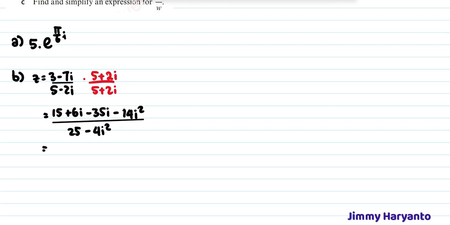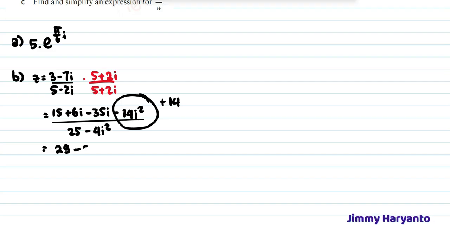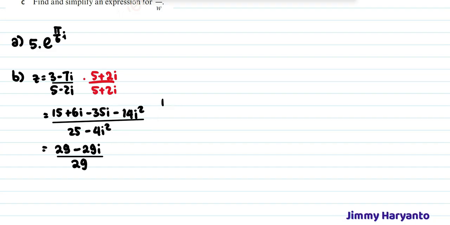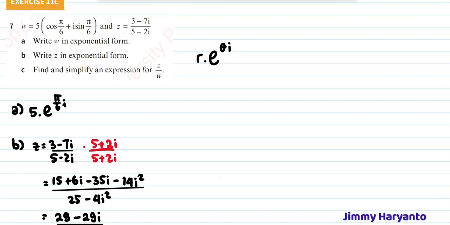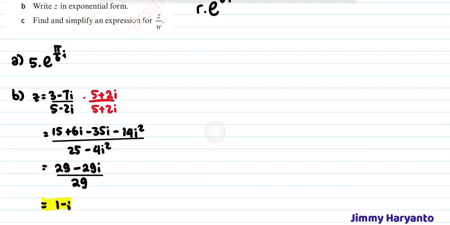Let's calculate this. This one will become positive 14, and then 29. This one is negative 29i divided by, this one will become positive 4. It's 29. So all of them can be divided by 29. It means you will have 1 minus i. Okay, this is the z for question B.